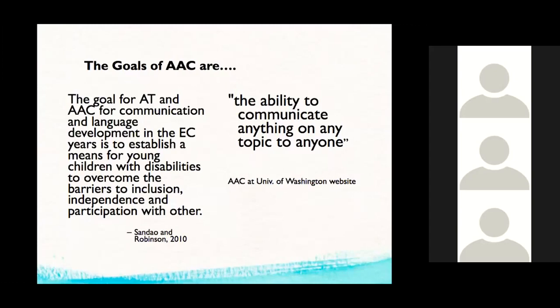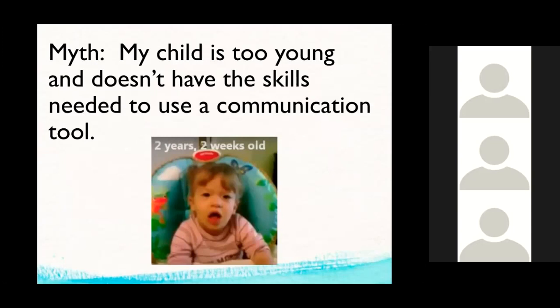So not just to communicate to your parents, but also to the other children that you are around, or maybe to your grandma, or to Uncle Jack. Anyone that is part of your natural environment, we want you to be able to communicate to. So AAC has grown so much, and there's so many different options out there for our children.